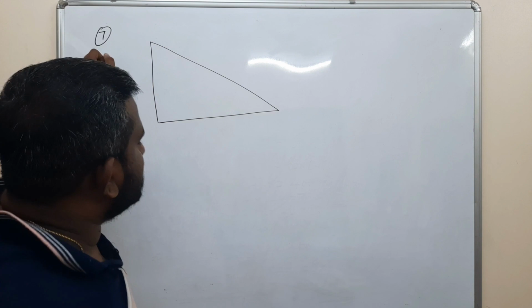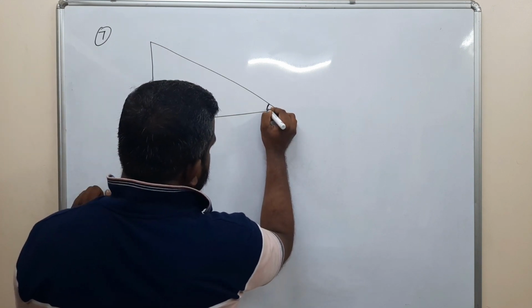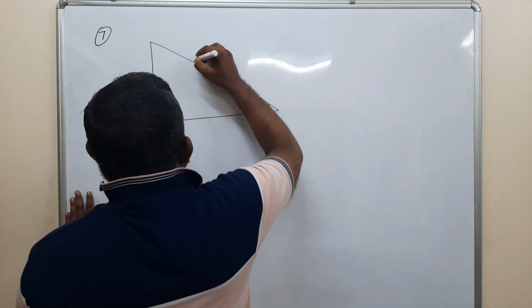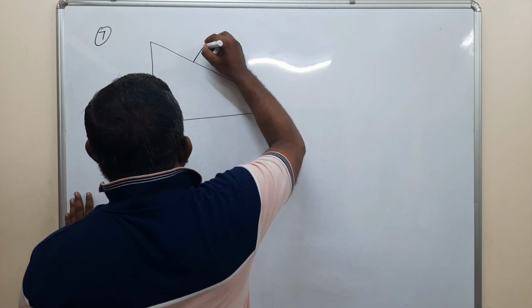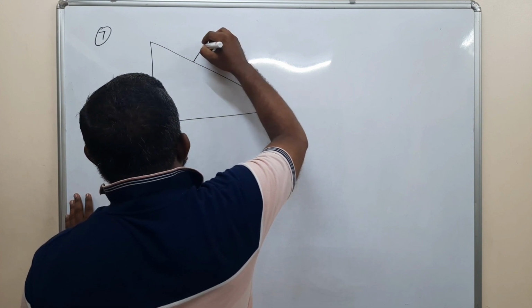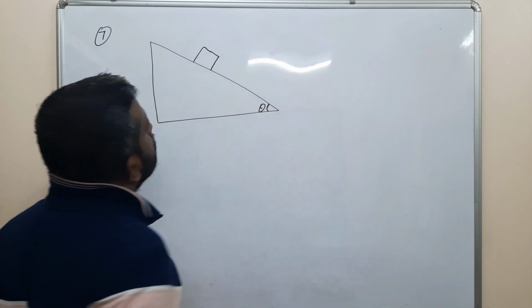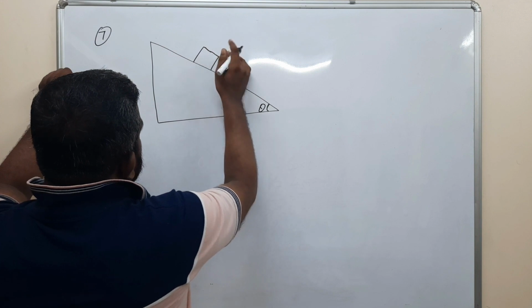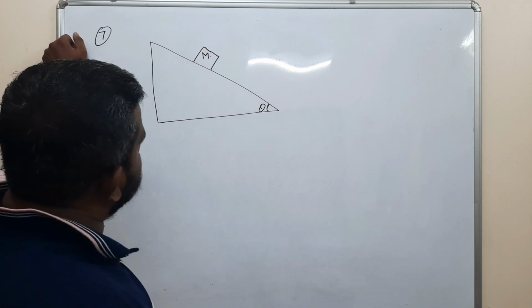So this is an inclined plane, and theta is the angle here. One block is here with mass m.